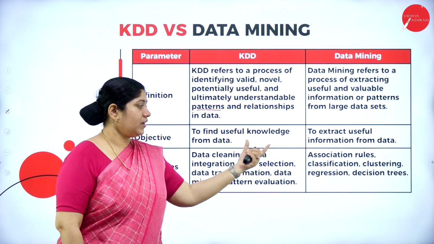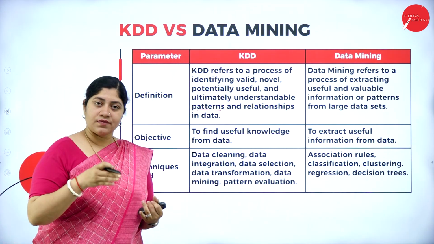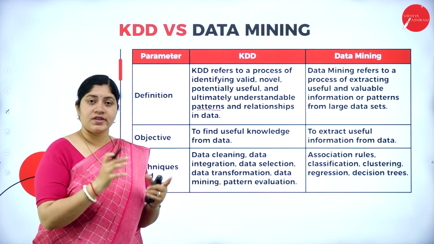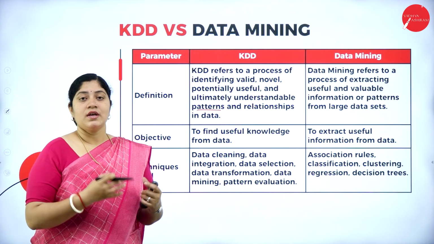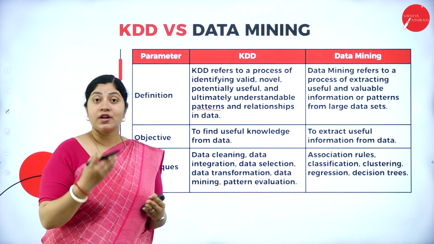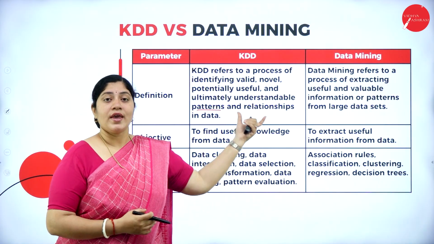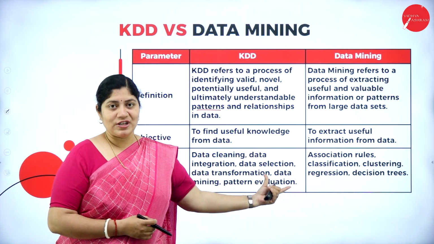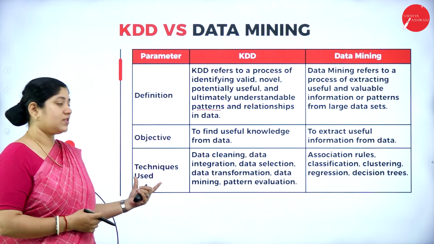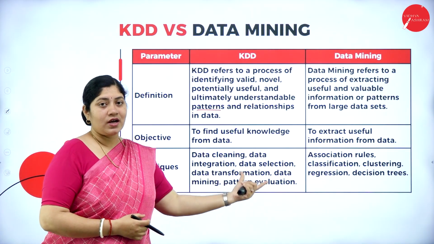Under data mining, the techniques used start with classification of data, then clustering or grouping of that data, then applying various regression rules or different association rules on the data in order to extract the information. So that is the technique that we use for data mining.